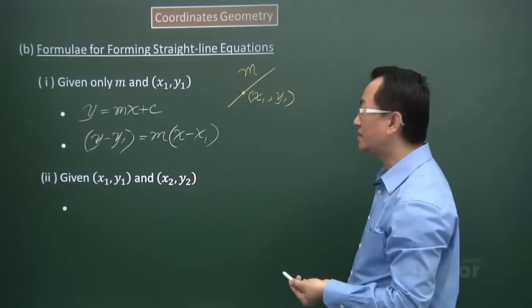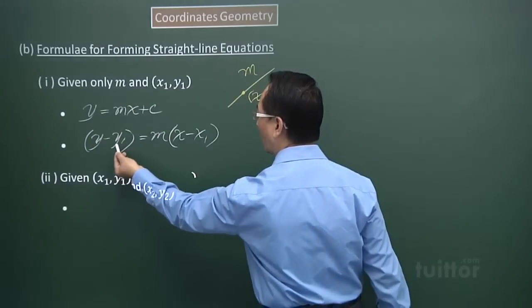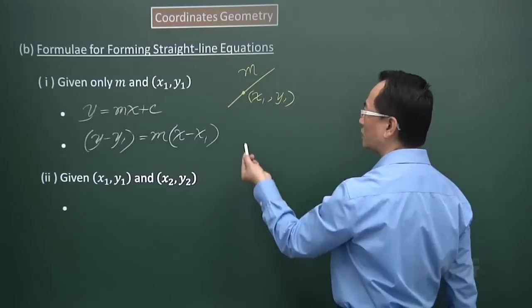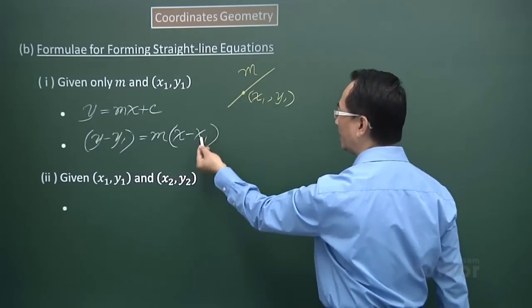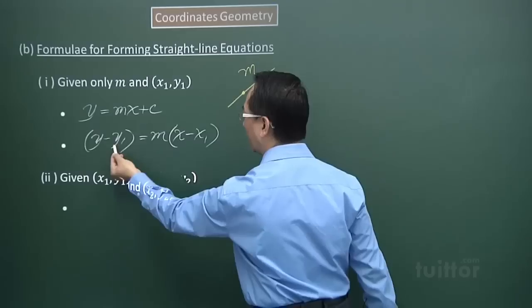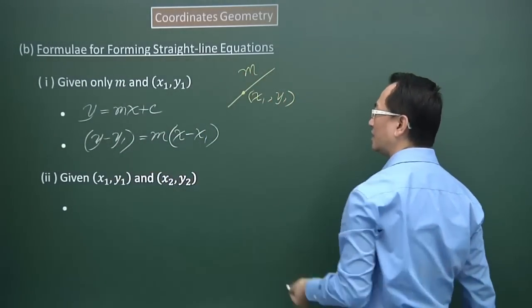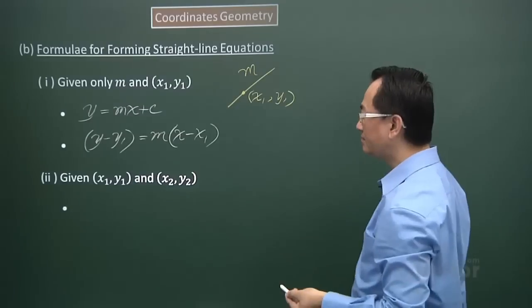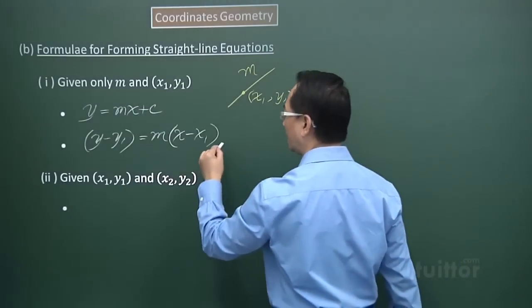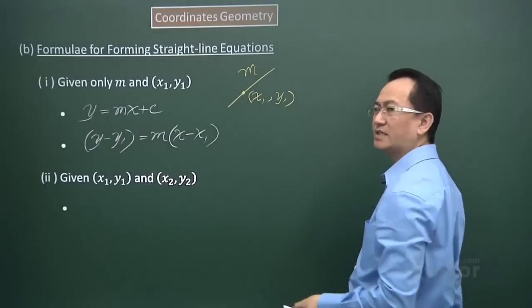The place for substitution is indicated by x1, y1. So I take this value, put it in here, take that value, put it in there, and this m is replaced by the value here. After rearrangement, the straight line equation will look like this, y equals mx plus c.